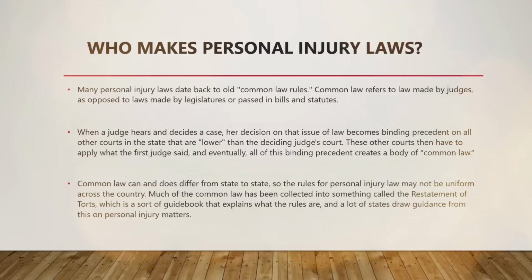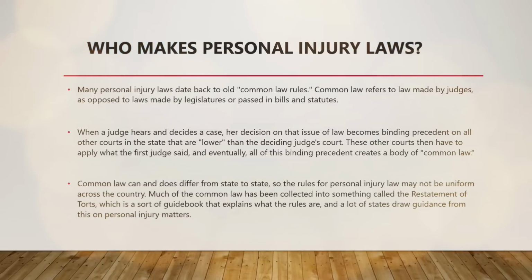When a judge hears or decides a case, her decision on that issue of law becomes binding precedent on all other courts in the state that are lower than the deciding judge's court.